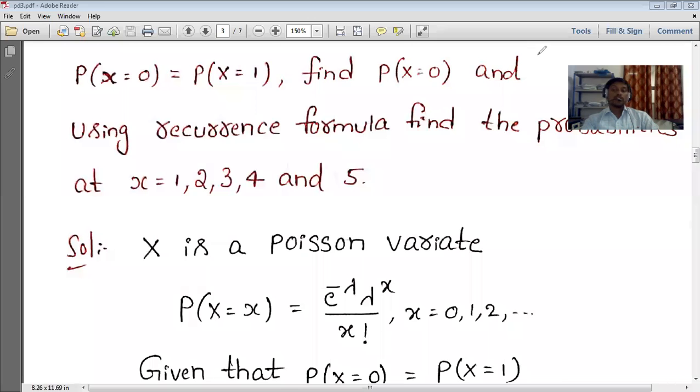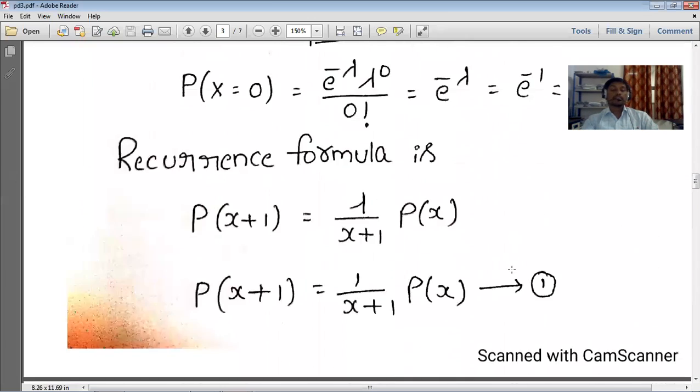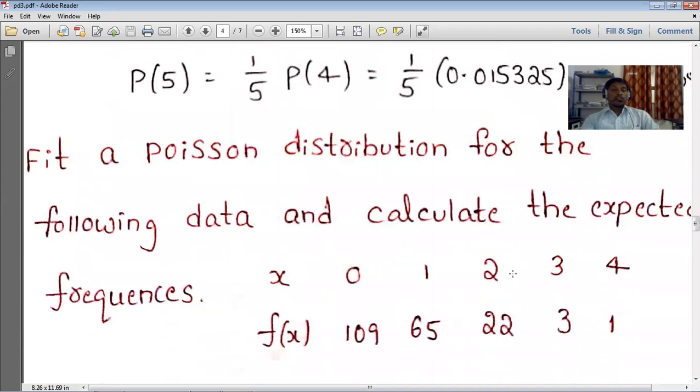Okay, now the next problem. Fit a binomial Poisson distribution for the following data and calculate the expected frequencies. Of course, in binomial distribution we already did fitting.